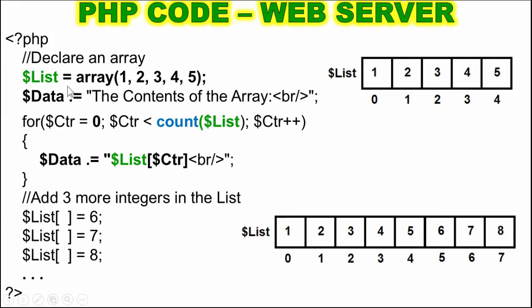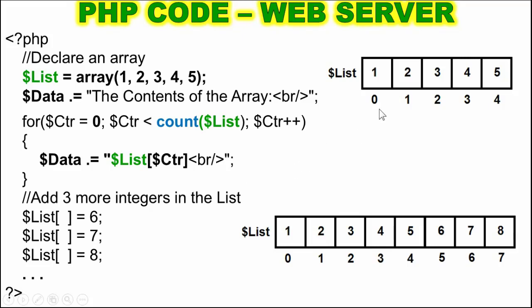To declare an array variable, we prefix the variable name with the $ symbol, followed by an equal sign and the keyword array. Inside the parentheses, we place the element values of the array separated by commas. To access the elements of the array, we specify an index. The starting index is 0.